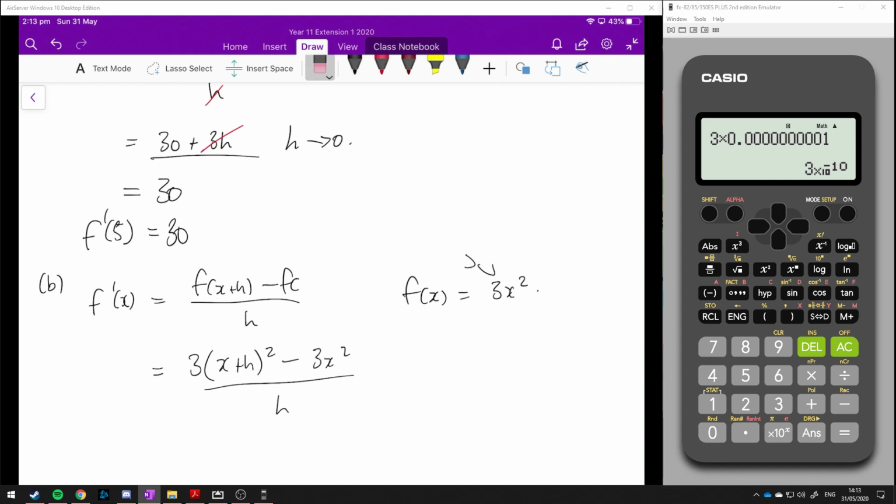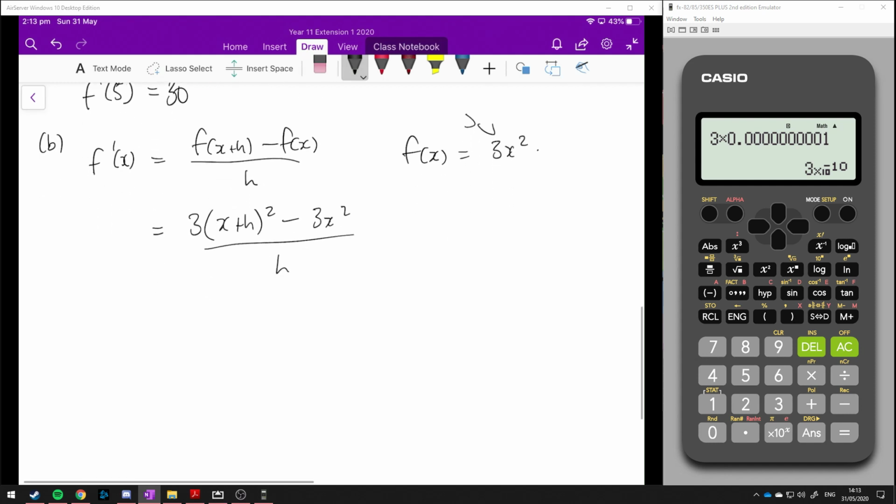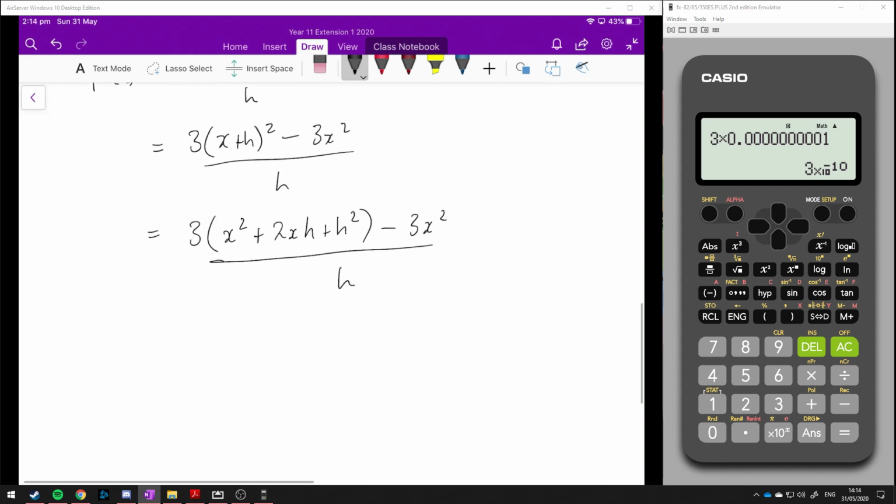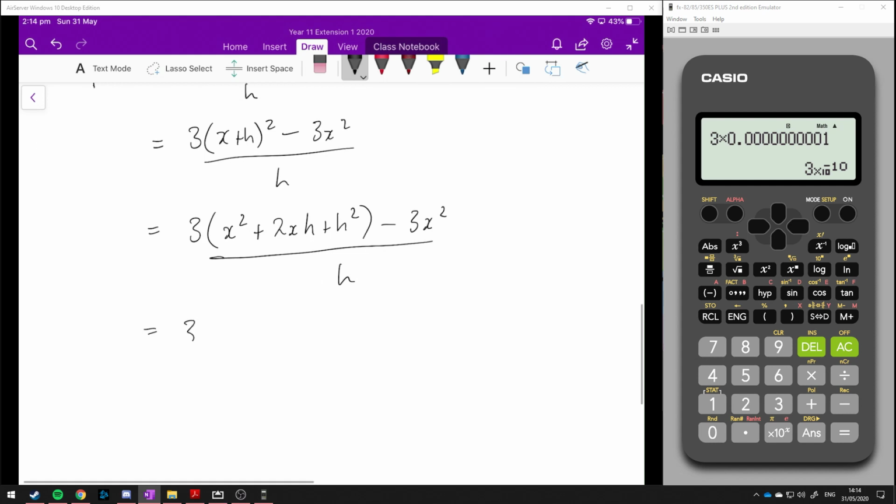So expanding this out, we're going to get 3 lots of x squared plus 2xh plus h squared, minus 3x squared over h. Expanding that out, we get 3x squared plus 6xh plus 3h squared minus 3x squared all over h.